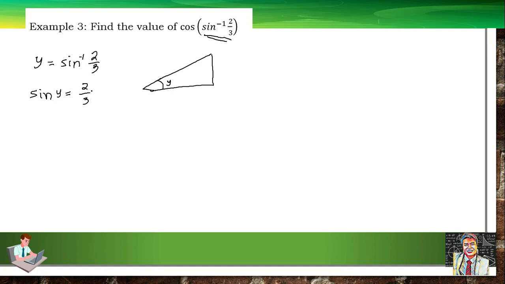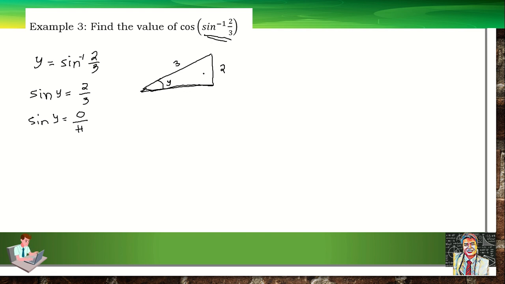We just don't know its value yet, okay? Now, since we're talking about sine, sine y is, since we used y here, that's not theta, sine y is equivalent to opposite over the hypotenuse. Right? Wherein, 2 is the opposite side of y. This opposite side is 2. And the hypotenuse side is 3.